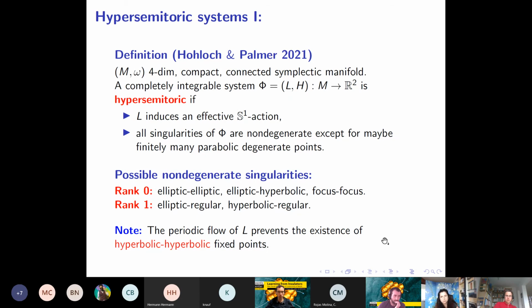The only thing that can never show up is hyperbolic, because the very moment you have an underlying S1 symmetry, that cannot show up. You cannot have a hyperbolic point in the presence of an underlying S1 action. So given an S1 action, the systems we admit are totally natural and don't have any weird restrictions on them.